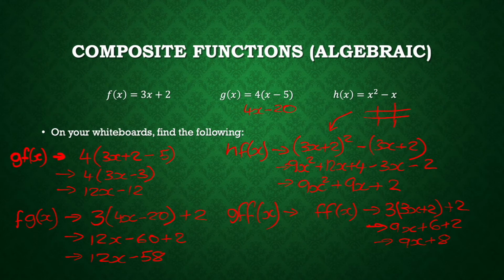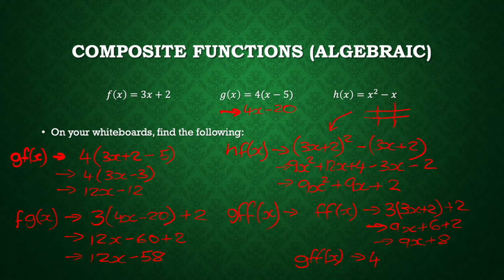Now when I do my next step, which is to do g of ff of x, I've already got what ff of x is. So that's now a new function. So that means I'm now going to substitute that function, so my 9x plus 8, into my g of x. Again, I'm going to use my expanded form just to make my life a little bit easier. So this is going to become 4.